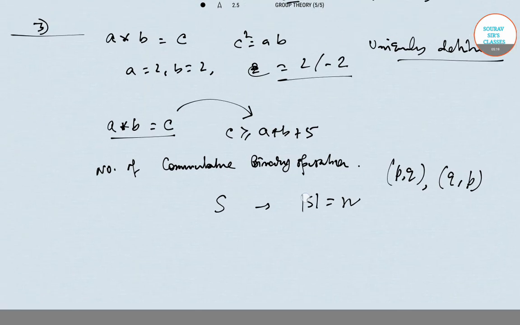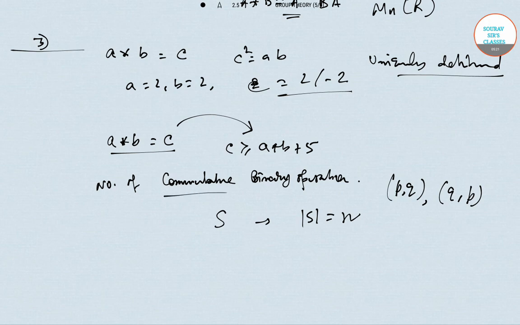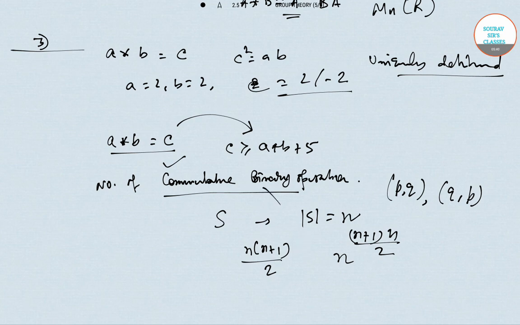So the domain of the commutative map will have n into n plus 1 by 2 elements, and it will have n into n plus 1 by 2 commutative binary operations. They may ask you a numerical question: in a simple structure of binary operation, how many commutative binary operations are there? The answer to this question comes directly from this.